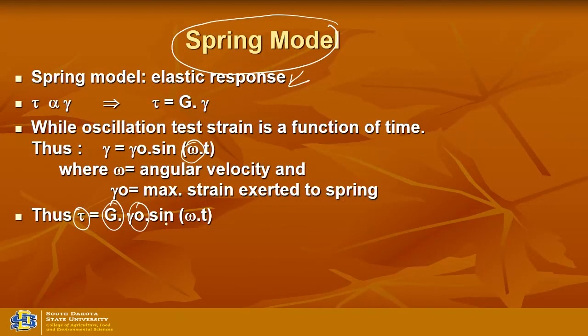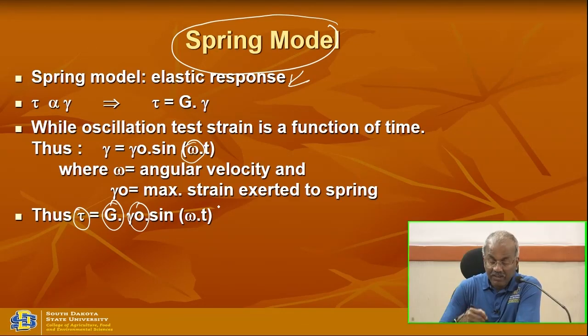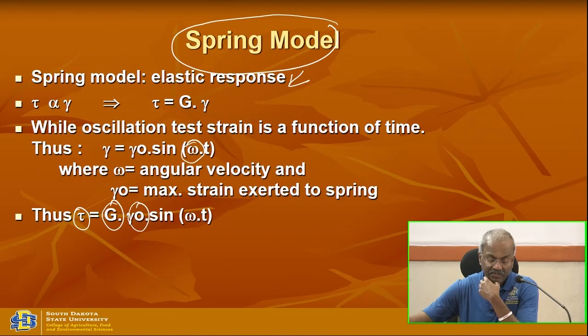So what you get is shear stress equal to the constant G times the maximum strain times the sine of omega t. This is the output from the elastic response, the spring model we assume in the sample itself.